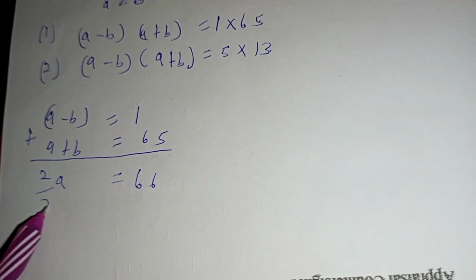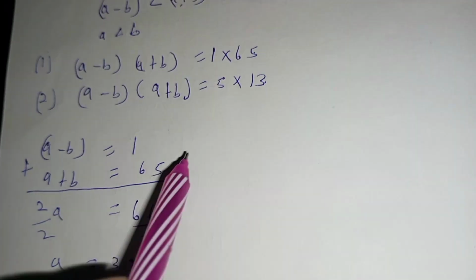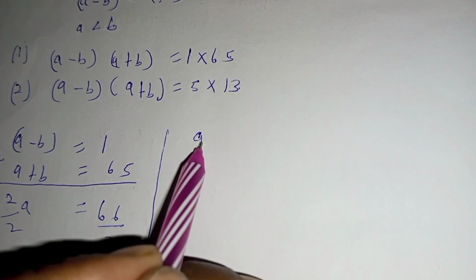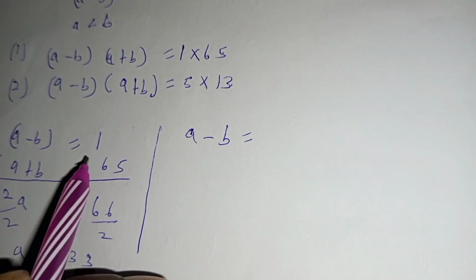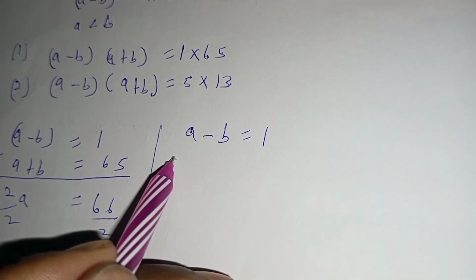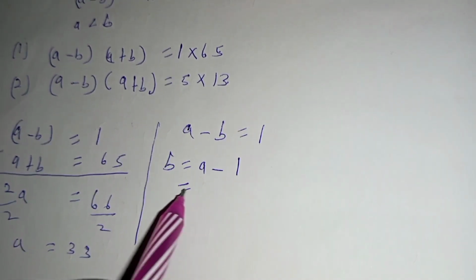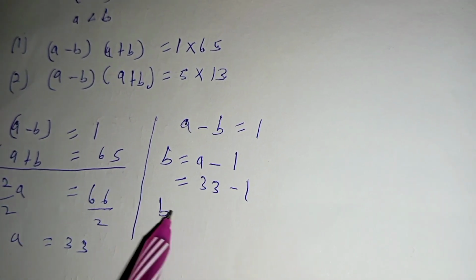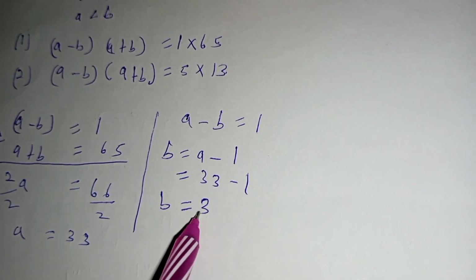You divide by 2 both sides, and a is 33. Since a minus b is equal to 1, b is equal to a minus 1, which is 33 minus 1. So b is equal to 32.